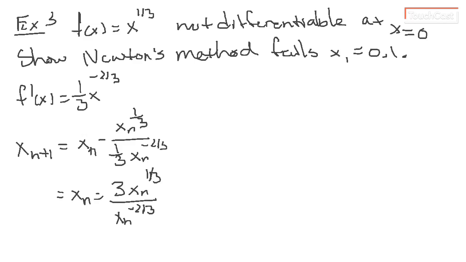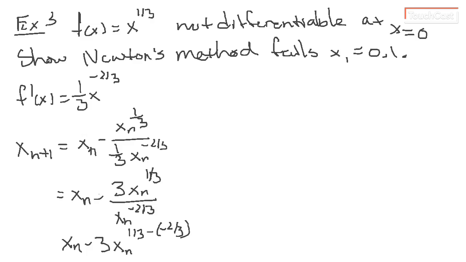We also know when we are dividing exponents with the same base, we can subtract the powers. So we can again rewrite this as xn minus 3 xn to the 1/3 minus negative 2/3. And when we subtract negative 2/3 from 1/3, that gives us 1.